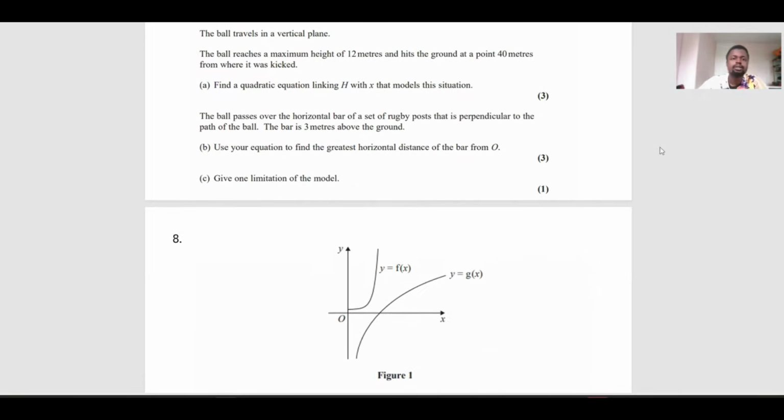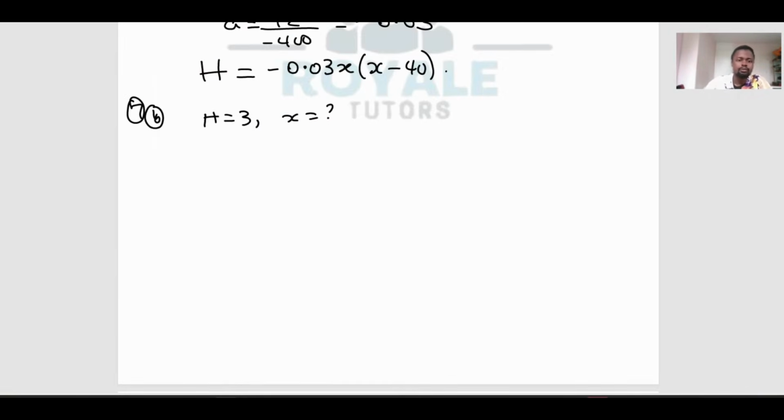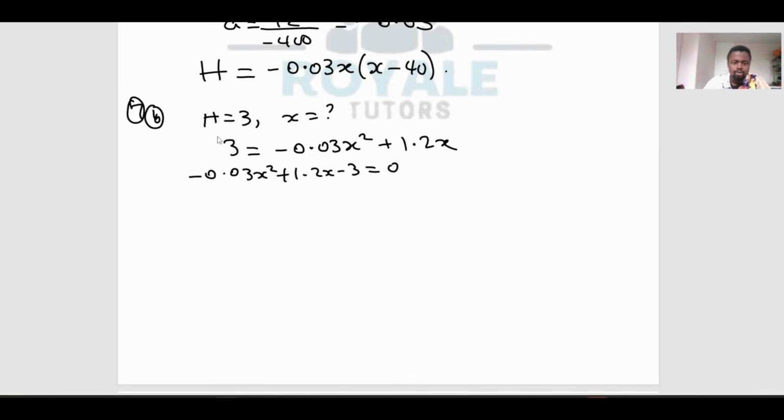Good. So let's see. So you have 3 equals negative 0.03 into the bracket. I might just need to open up the bracket now. So this is going to give me plus 1.2x. All right. So I'm going to have negative 0.03x squared plus 1.2x minus 3 equals to 0.